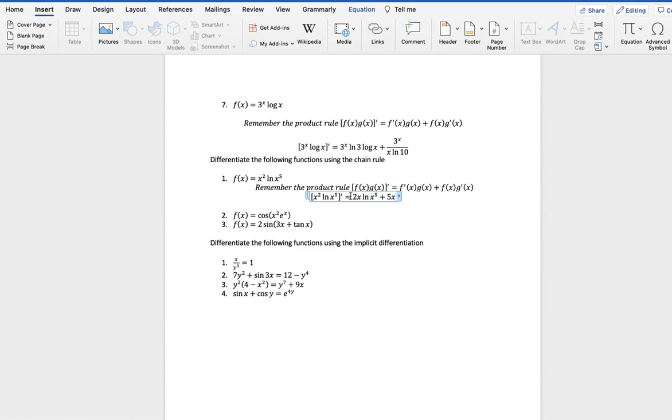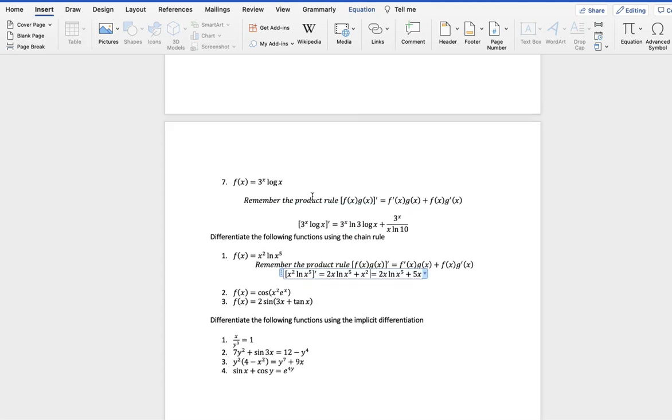Let me just add another step in between here. The first part is right, 2x ln x to the 5. Now the second part is basically x squared, right? Remember, that's f of x multiplied by the derivative of ln of x to the 5.